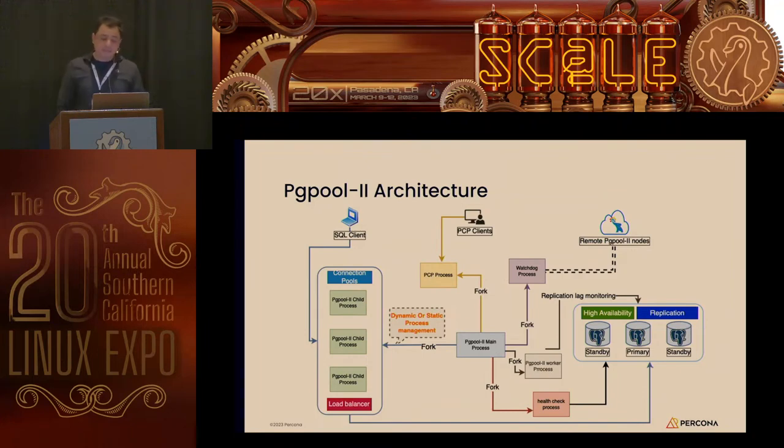And then this worker process checks the replication lag between primary and standby, and based on that, the load balancer decides whether to use a particular standby node for load balancing, or skip it until the replication lag comes within the allowed limits.